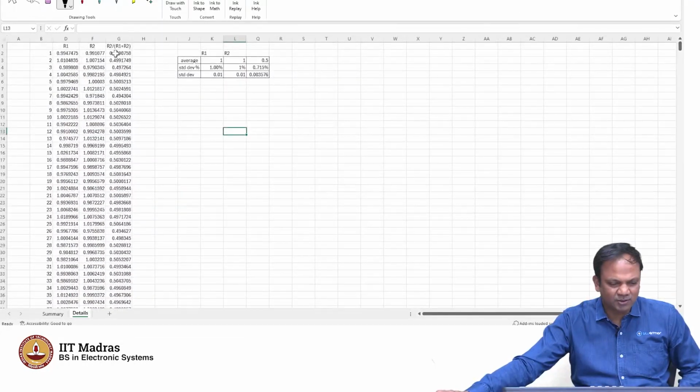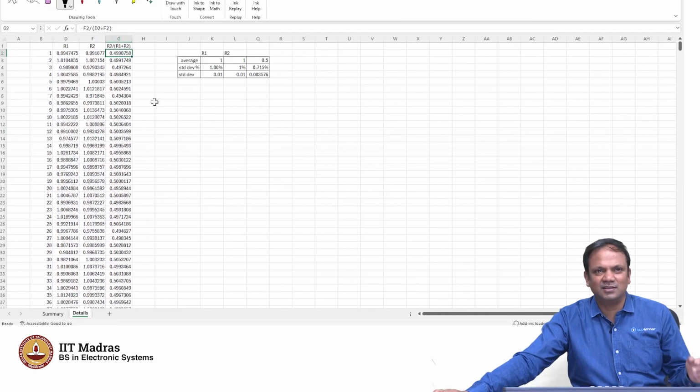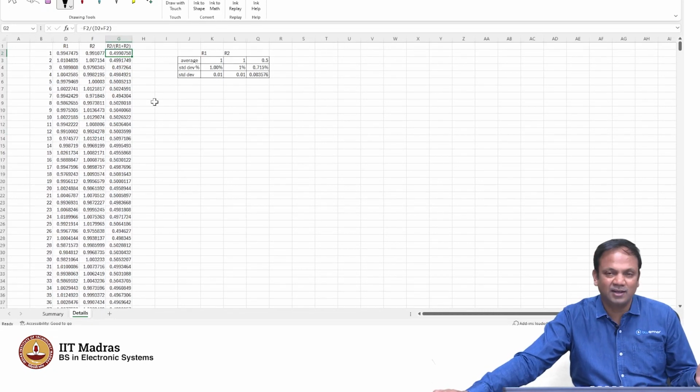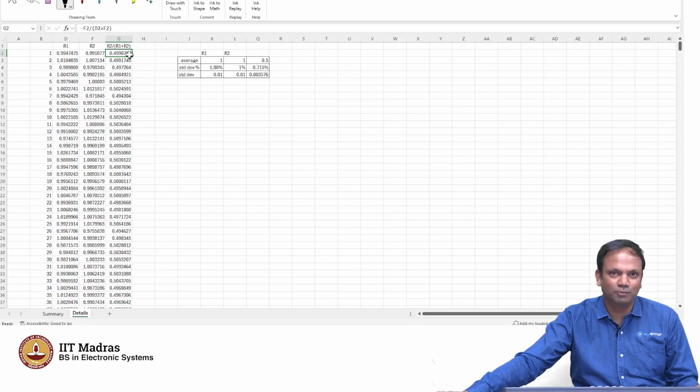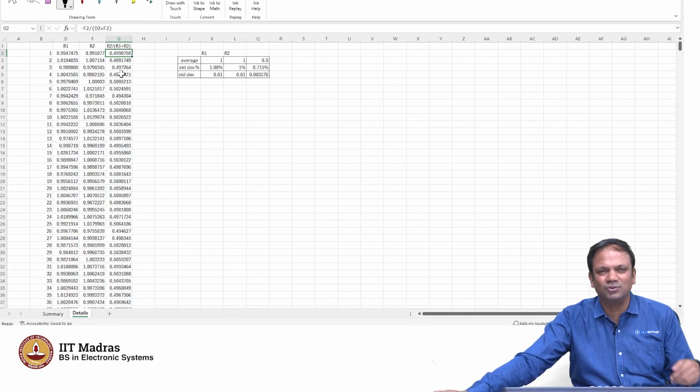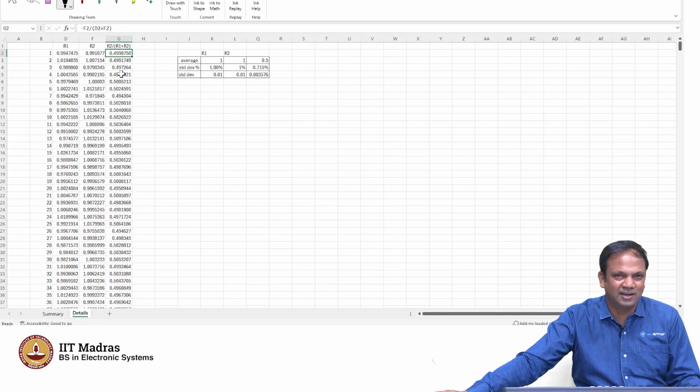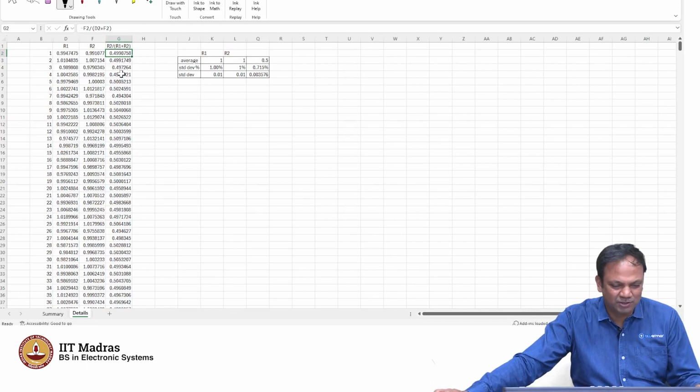And I know that the output is just R2 by R1 plus R2. So for each of these combinations of resistors, I am calculating the output voltage. If R1 is equal to R2, you expect the output voltage to be half, assuming input is 1.